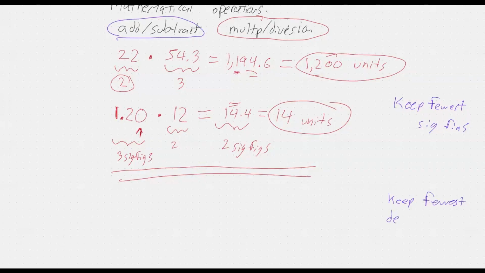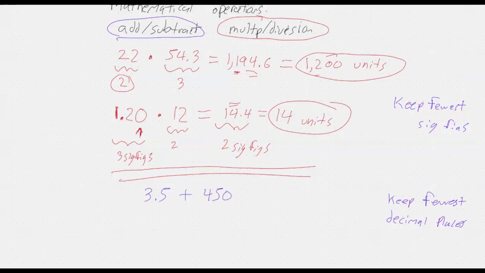So what I do then, let's say I have two numbers. 3.5 plus, say, 450. Well, now what I would do is I would say, okay, this has 1 decimal place, and this has 0.